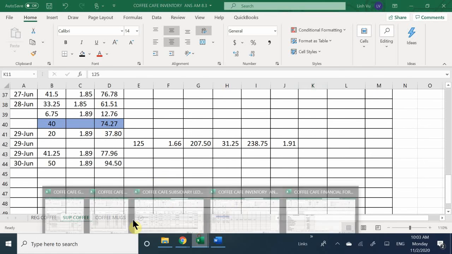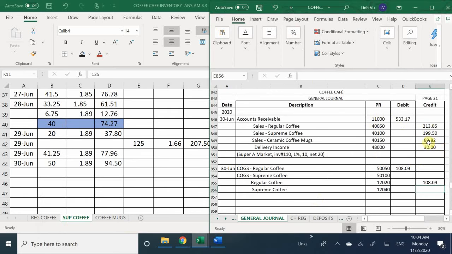Okay. Oh, wrong one. 94.50. Okay. And what's my note here? Sold to Super A Market. Good.